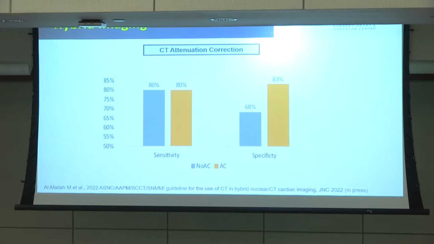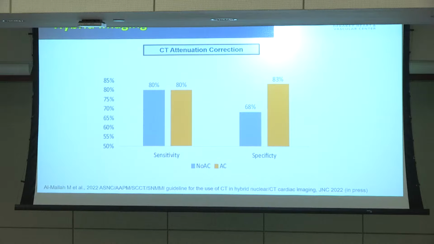Okay, so sensitivity should not, at least based on the cumulative evidence, change when you do attenuation correction. A true defect should still be present on both. But your specificity improves because you see fewer artifacts in these cases.